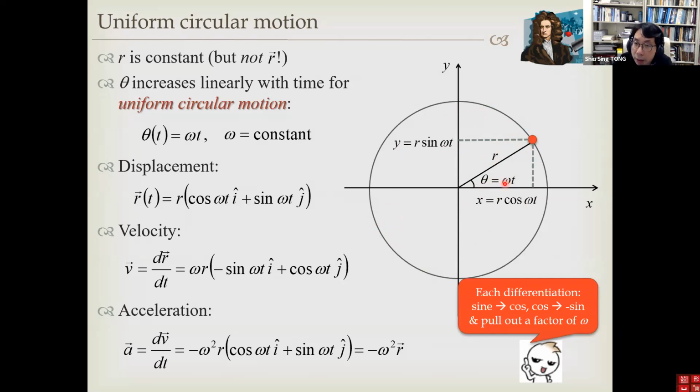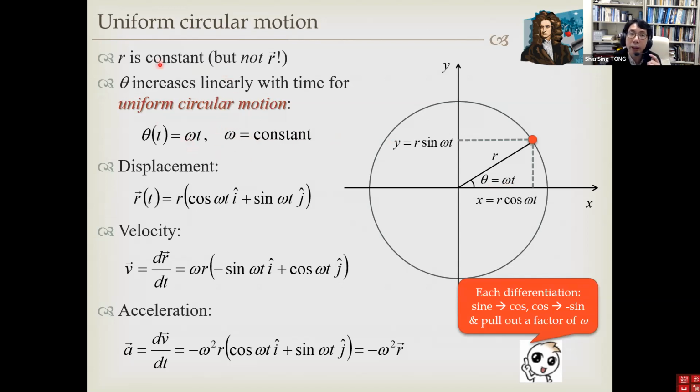The linear relation is a constant, called omega, multiplied by the time t. Assuming initially t equals 0, the particle is on the x-axis. So the angle here increases linearly with time as omega t, where later we will find that omega is actually the angular velocity or the angular speed. Okay. So that describes a uniform circular motion.